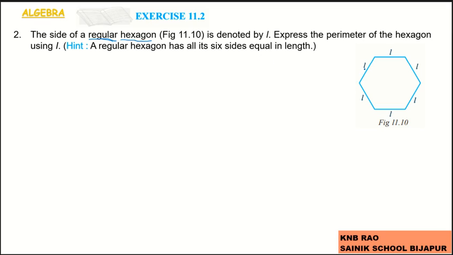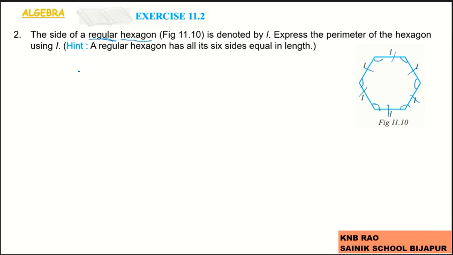Regular means all sides are equal, and not only are the sides equal, all interior angles are equal. You will come to know the clear definition once you come to higher classes. So it is a regular hexagon. In this regular hexagon, each of its sides is L units. So express the perimeter of that hexagon using L units.